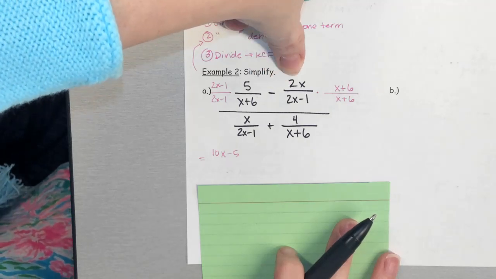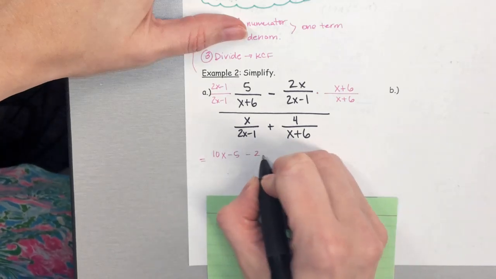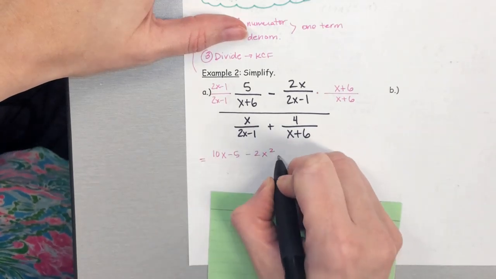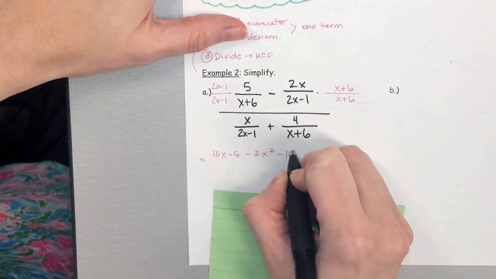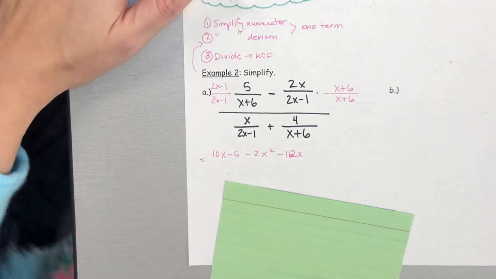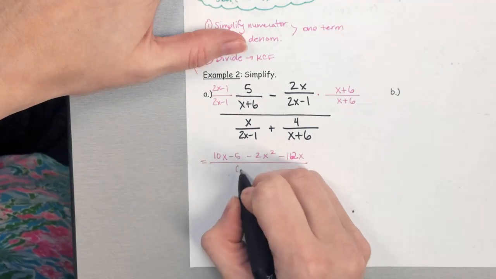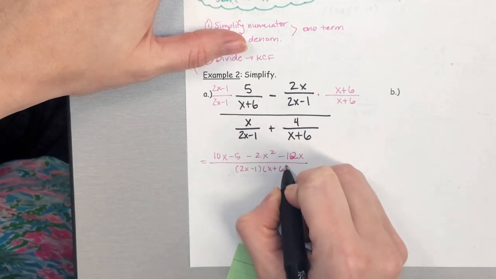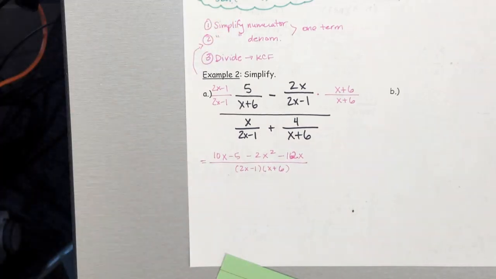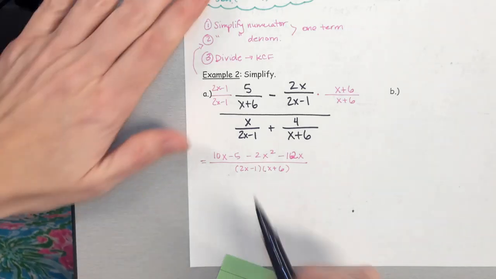And when you distribute the negative 2x, it becomes negative 2x squared minus 12x. And then all of that is over your least common denominator, 2x minus 1 times x plus 6.